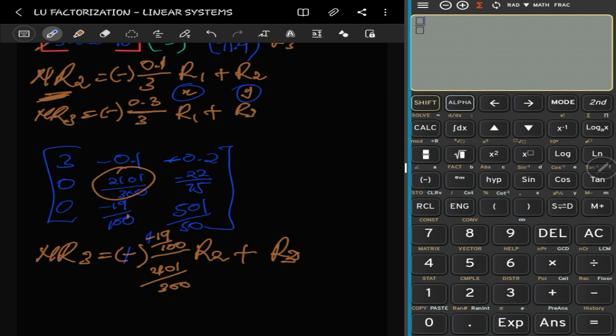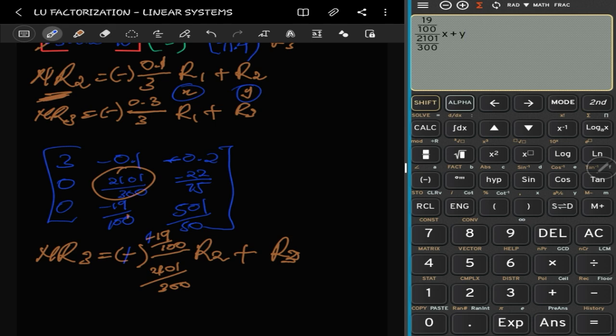So let's see, that gives us a fraction at the top, that's 19 on 100, and then we have another fraction here, 2101 on 300, and this is x, plus y.